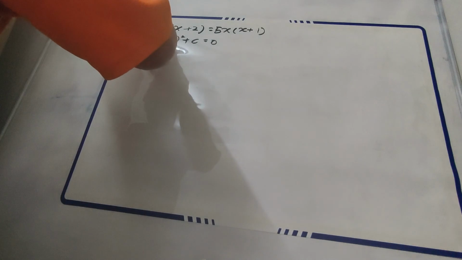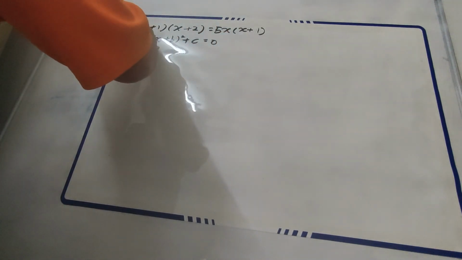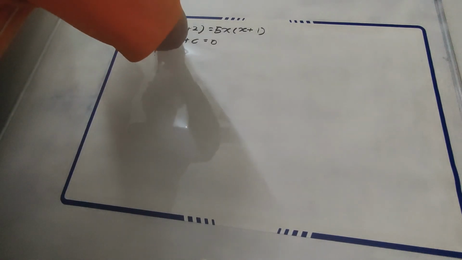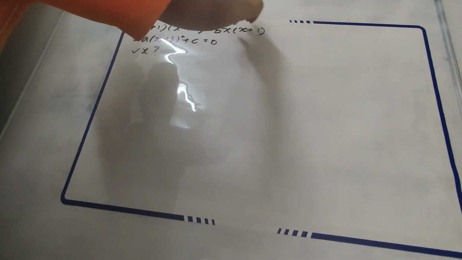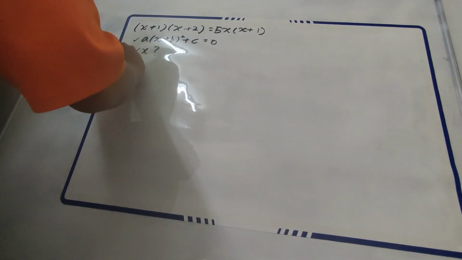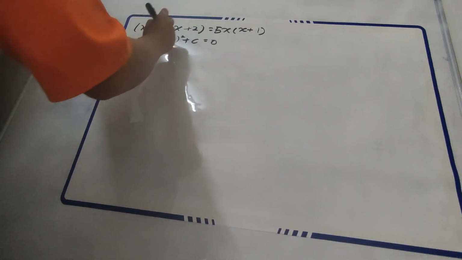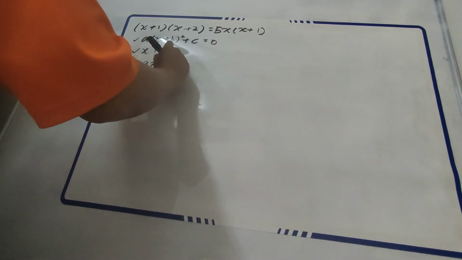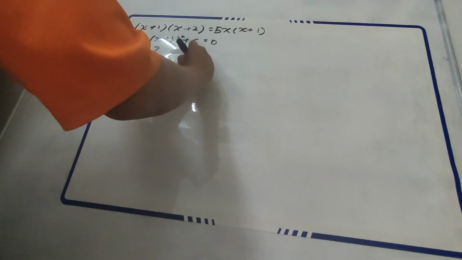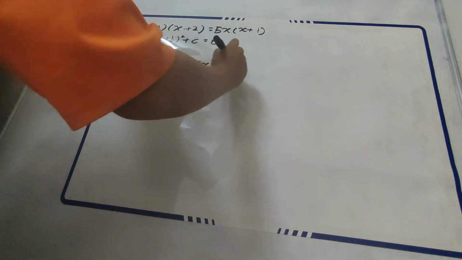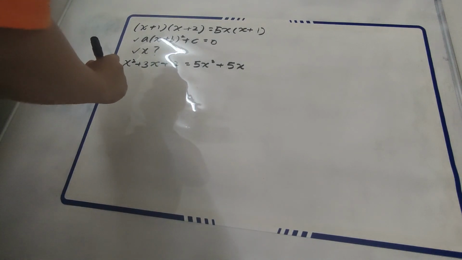But before you solve this, you need to simplify the quadratic equation at the first line. So simplify it: x squared plus 3x plus 2 equals 5x squared plus 5x.